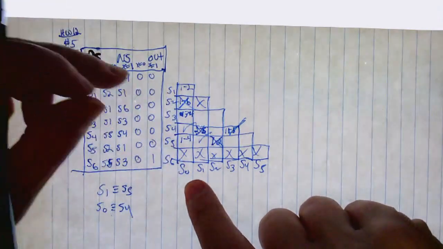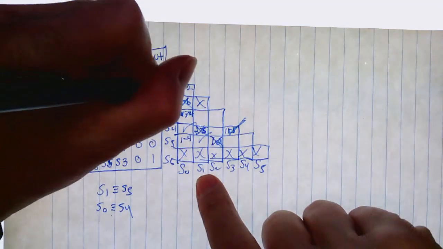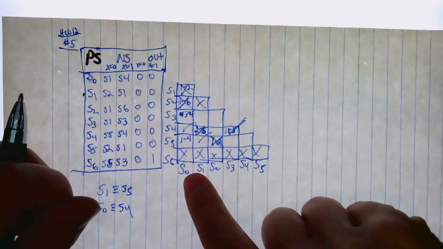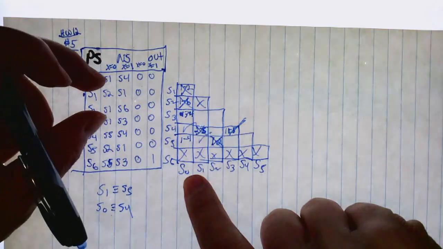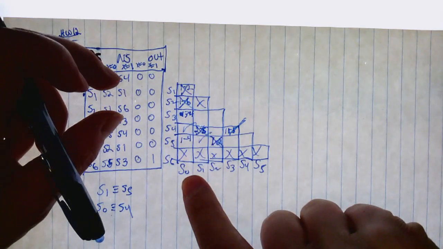How about S0 to S1? That's S1 to S2, which is also out, right? Because S1, S2. So now let's take a look at S0, S3. S0, S3 is S1, S3. S3, S4 is okay.